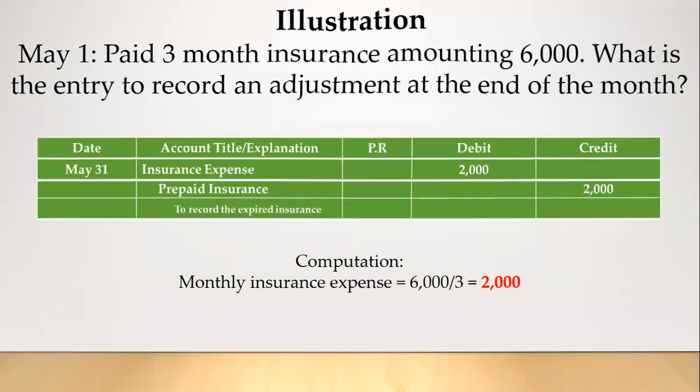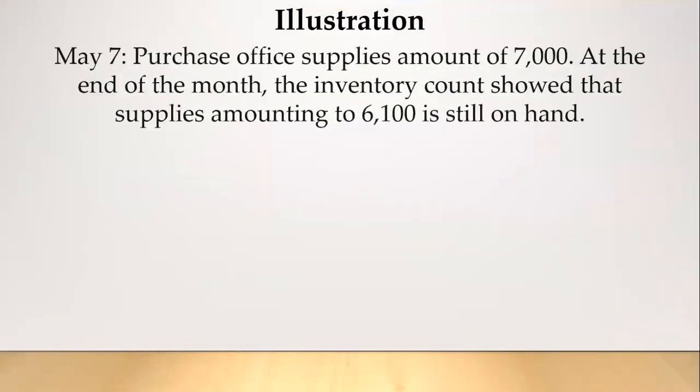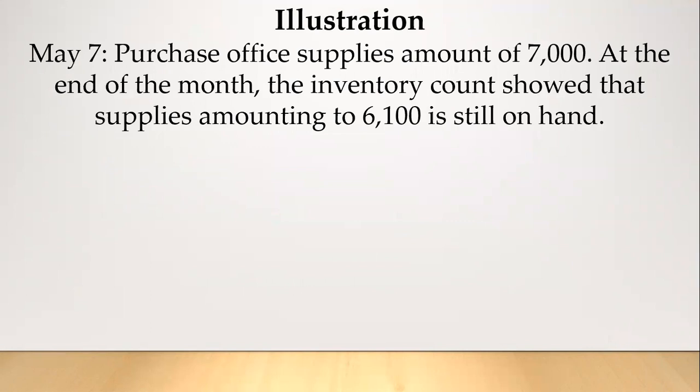Okay, let's take a look at the other illustration. May 7, purchased office supplies amounting to 7,000. At the end of the month, the inventory count showed that supplies amounting to 6,100 are still on hand. So on May 7, to record this transaction, we record office supplies debit 7,000 and then credit cash 7,000.